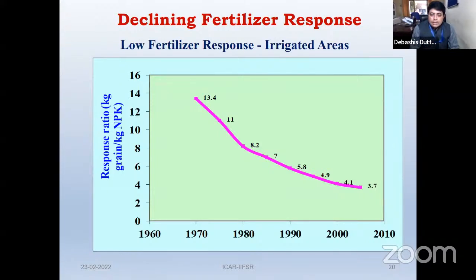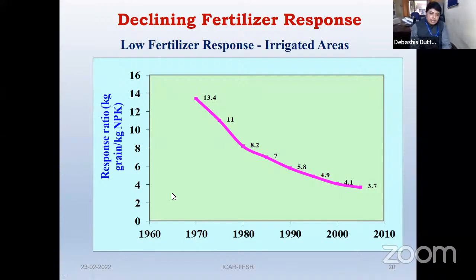We know that we are preparing different soil health cards and soil analysis reports, and through the application of chemical fertilizer, the response to the nutrient is gradually decreasing, because we are discouraging the application of organic manures, which influences nutrient uptake.